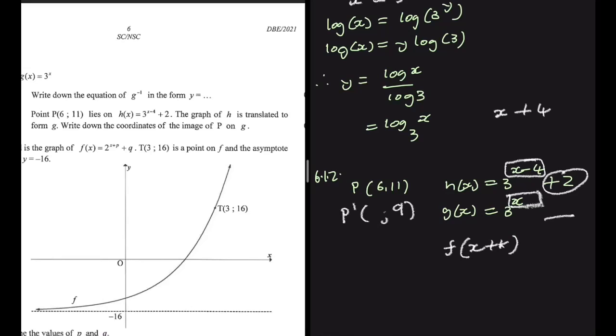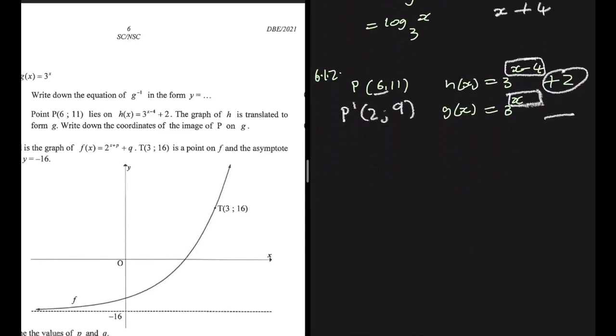So we're moving 4 units to the left. We started with 6. If we move 4 units to the left, we're going to end up at 2, right? We're going to end up at x is equals to 2. So we're going to have 2 here. And that is the coordinates of the image of P on g.